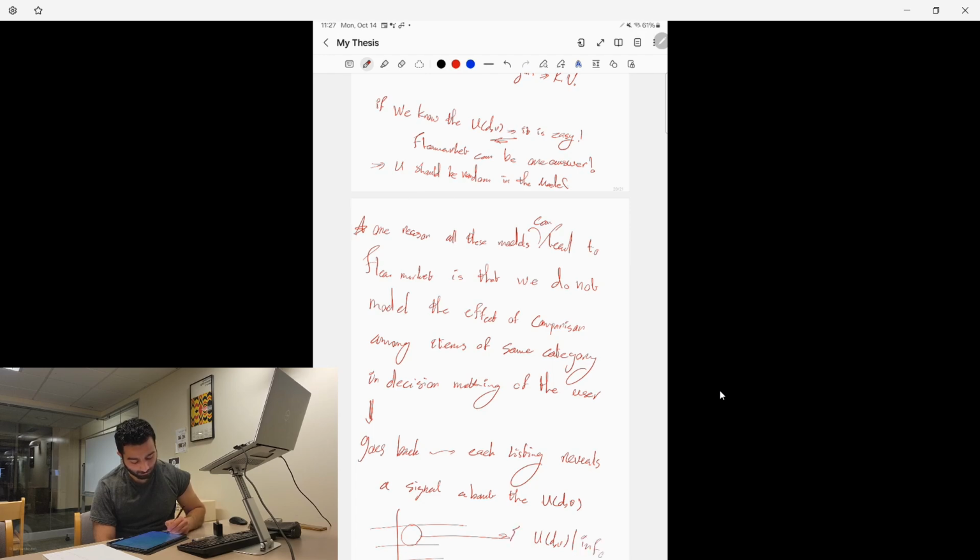So you can increase the expected utility once you are maximizing the utility. And if two items are from the same category, that comparison is also informative.